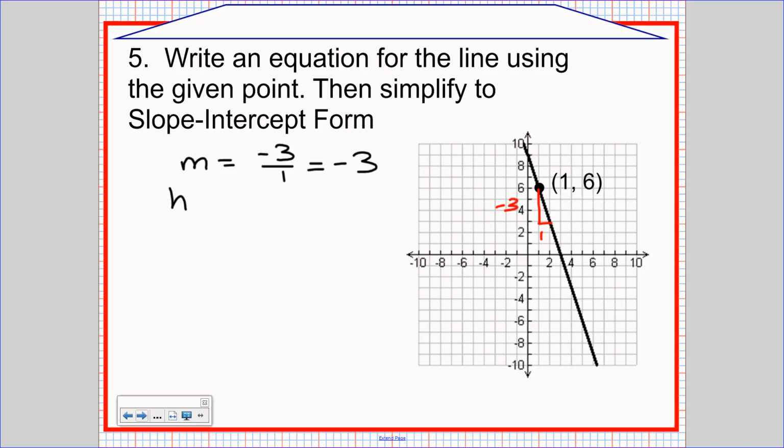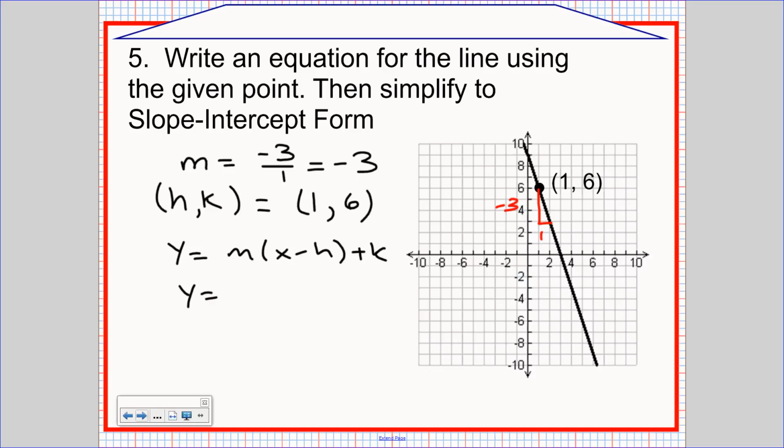I have the point (1, 6). So into my equation, I'm going to write the slope, which is -3, times the quantity x minus 1, I'm switching the inside, plus 6. So that's my equation in point-slope form.